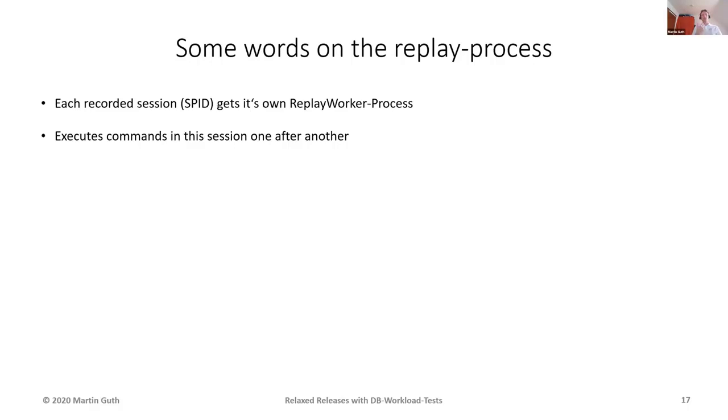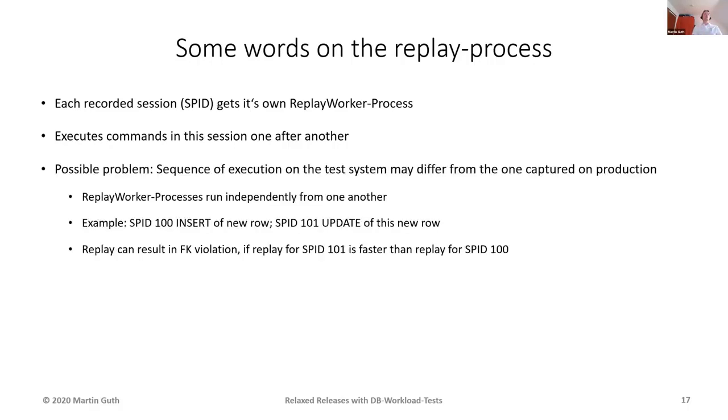And there's an interesting scenario I ran into, namely, you can have a different sequence of execution on the test system than on the prod system. That's a possible problem. I've had workloads where this was happening a lot, and workloads where this wasn't happening at all. But think about it, the replay worker processes run independently. And of course, for example, you've got a SPID 100, which does an insert. This row has to be there before the update comes along in SPID 101.